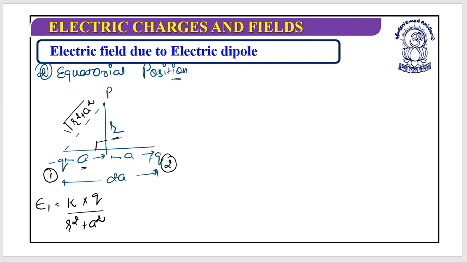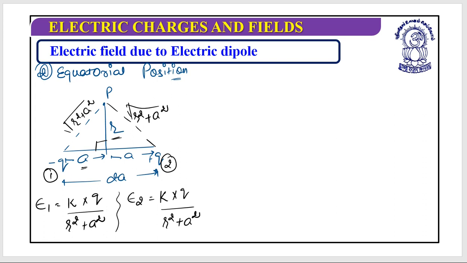Now let's find the electric field due to the second charge. This is E2. It would be k multiplied by q divided by, again, the separation is the square root of r square plus a square. So this is kq by r square plus a square.